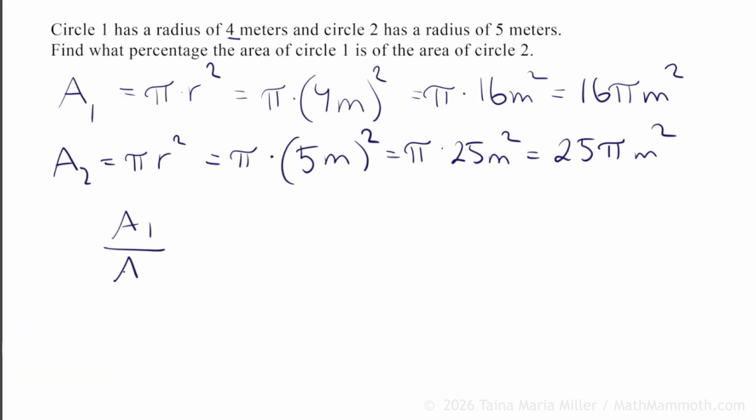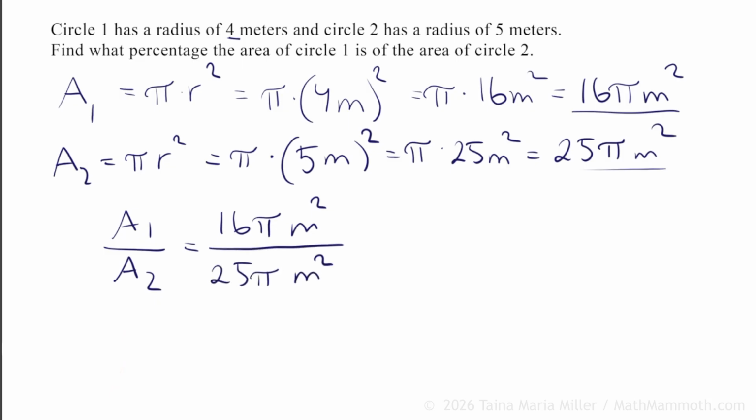Area 1 over area 2, that's this over this. 16 pi square meters over 25 pi square meters. And now those pi's cancel out. And square meters do too. So we're left with just a plain fraction, 16 over 25.